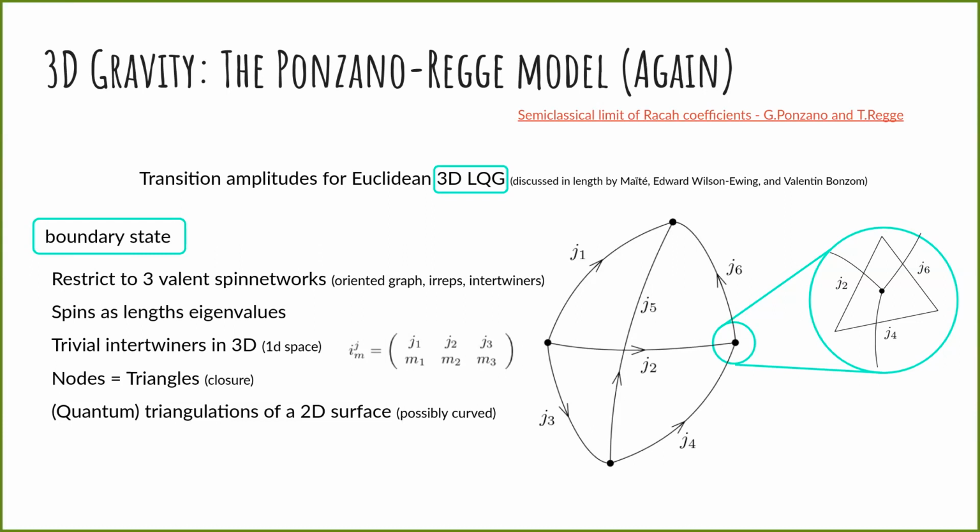The nodes of the 3D spin network are usually associated with chunks of space that are dual to triangles. And the closure of these triangles, so the fact that they are actual triangles, can be interpreted as a consequence of gauge invariance. This was explained very beautifully, I think, yesterday by Hal.